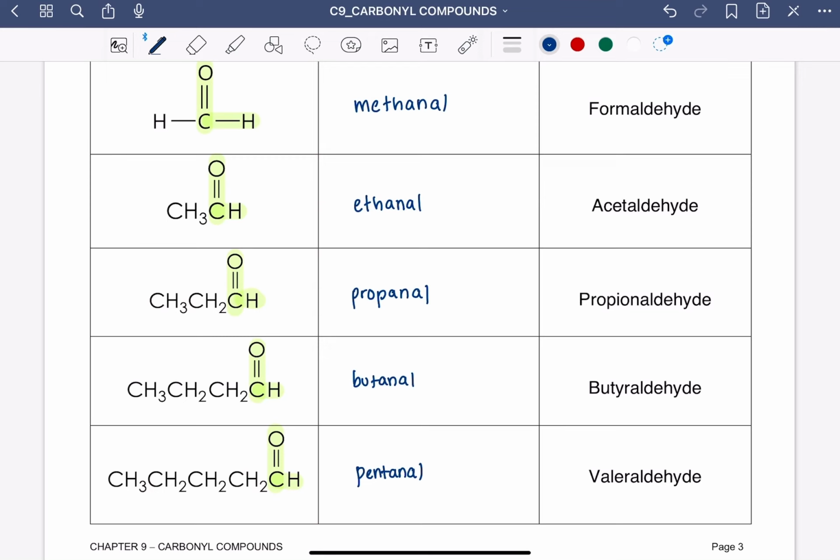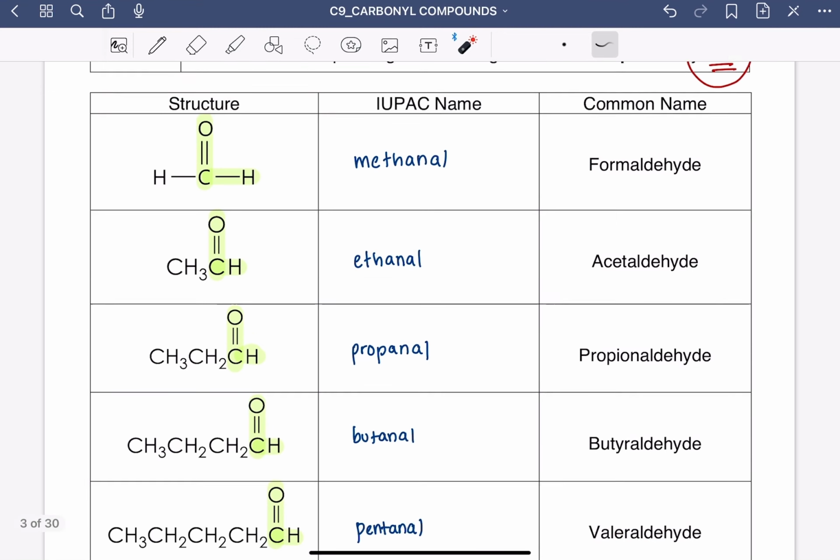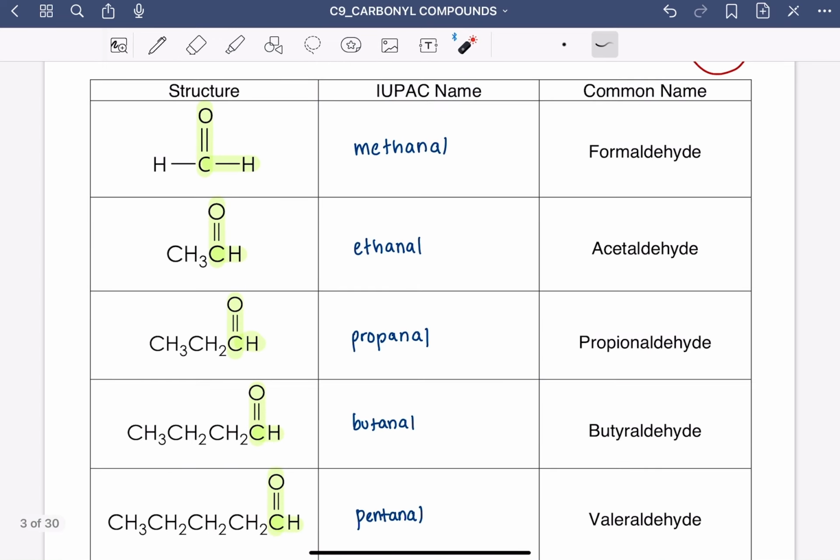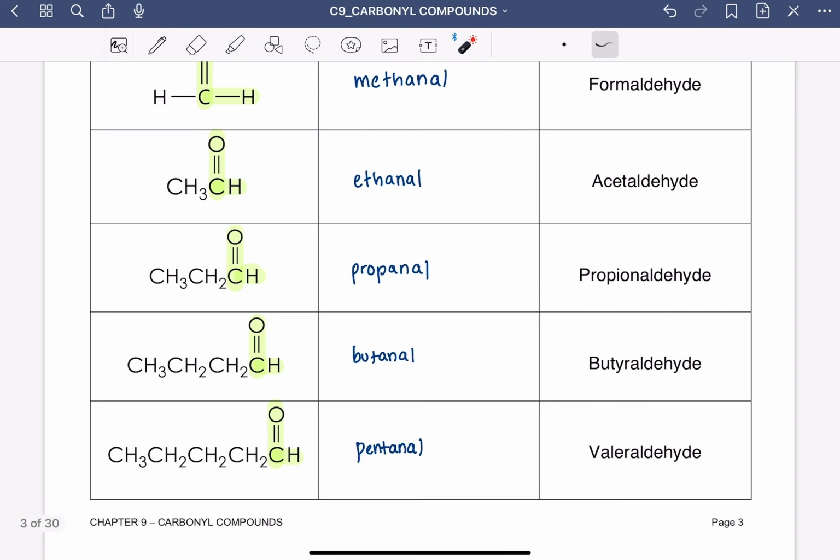So, what is this? This is the common name for the IUPAC name. For methanal, it is also known as formaldehyde. Ethanal is also known as acetaldehyde. Propanal is propionaldehyde. Butyraldehyde. Valeraldehyde.